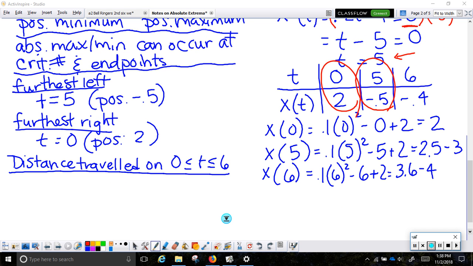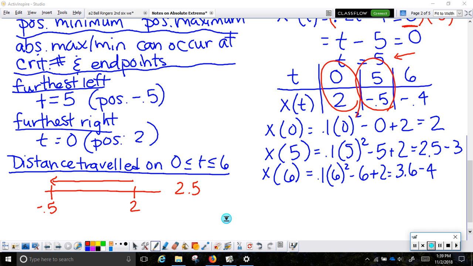So the particle starts on the x-axis at a position of 2. At time 0 it is at a position of 2. The particle then moves to the left until it gets to a position of negative 0.5. So we're just using the information from the table and determining that the particle moved left from a position of 2 to a position of negative 0.5. So it traveled a distance of 2.5 units left.